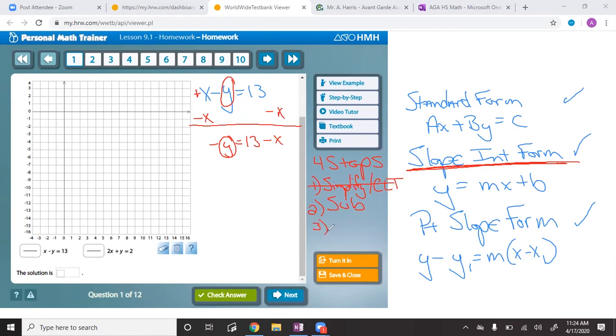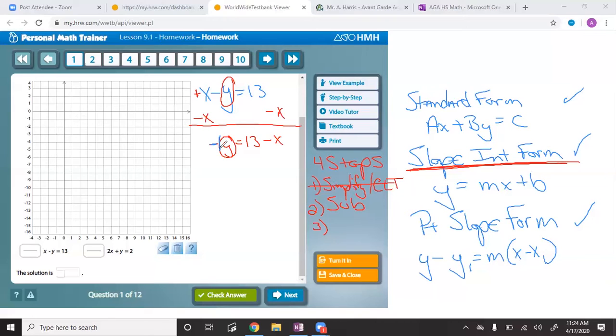Step 3, what do you do? Step 3 is to remove all multiplication, division from near your variable. Is there a number in front of that Y? Yes. Negative what? Negative 1Y.